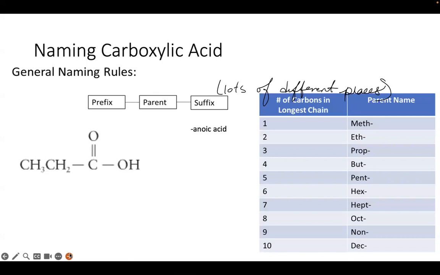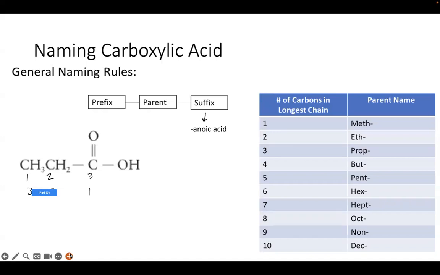All right, so how the heck do we name them? So carboxylic acids, same naming conventions. We want to make the carboxylic acid the star of the show. Its suffix, if a carboxylic acid is present, is anoic acid. All right. So I could number this 1, 2, 3, or 1, 2, 3.